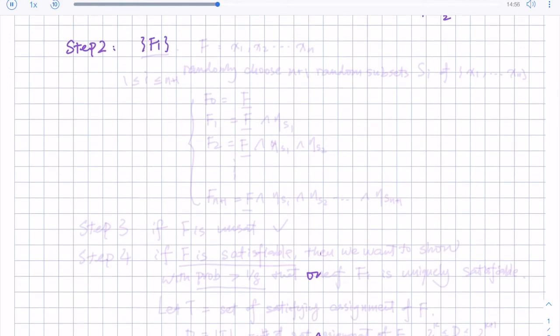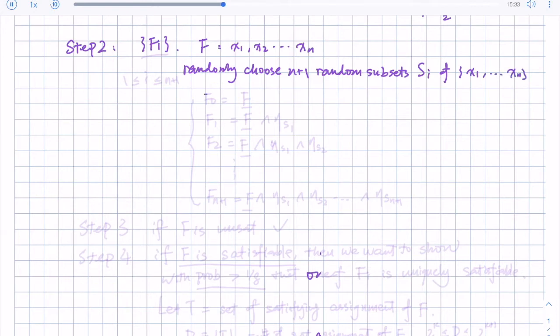So say the original formula F contains variables x1, x2 till xn, and we randomly choose n plus 1 random subsets, and we call them Si, from the set of variables.